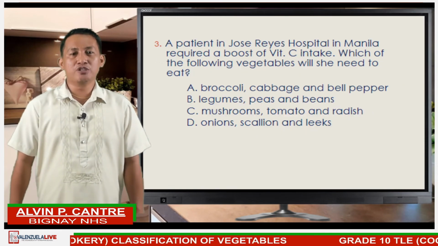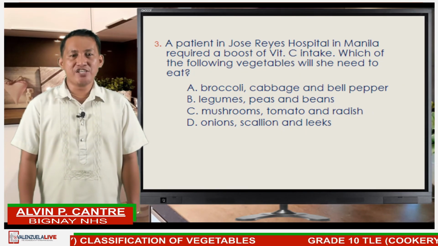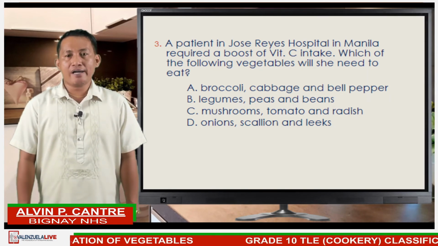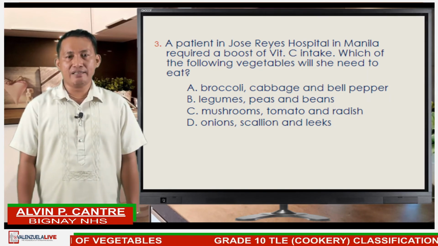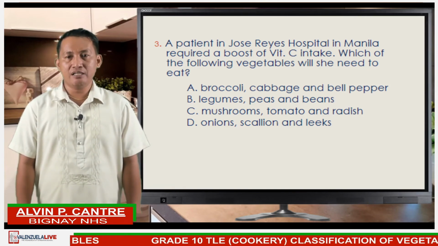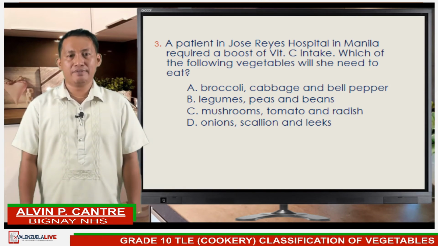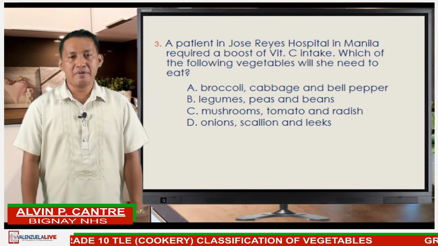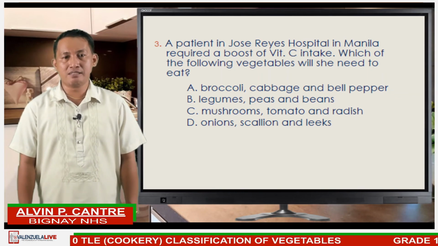Okay? Let's move to number 3. A patient in Jose Reyes Hospital in Manila requires a boost of vitamin C intake. Which of the following vegetables will she need to eat? A. Broccoli, cabbage, and bell pepper? B. Legumes, peas, and beans?